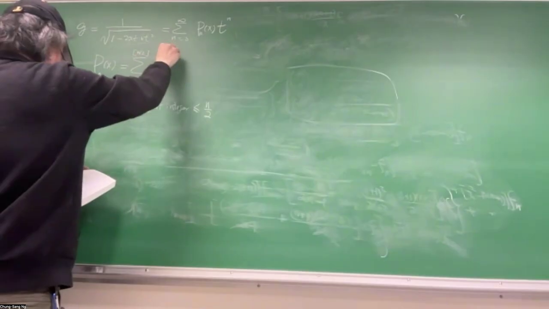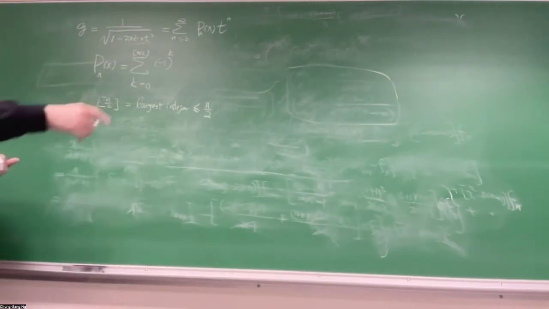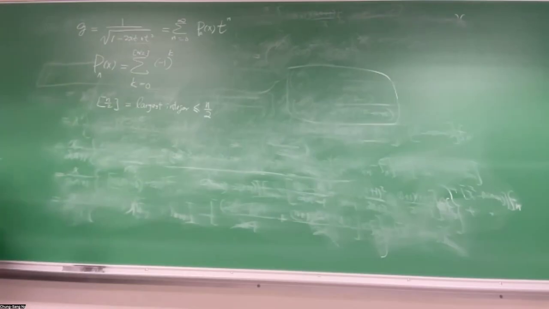Minus 1 to the k. Say that again. Greatest, yeah, you can say this is the greatest integer, but I don't know whether this is a common notation. I'm not sure. Just the square bracket, but the textbook defined it like that.